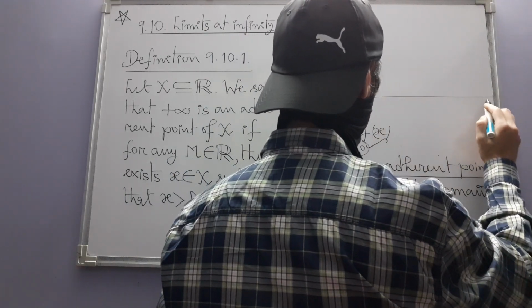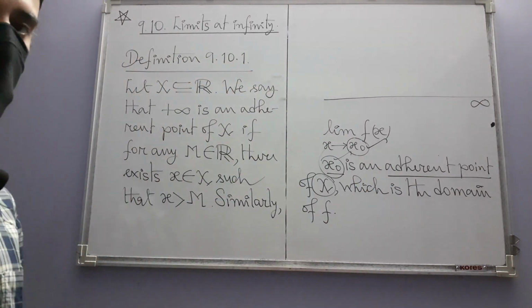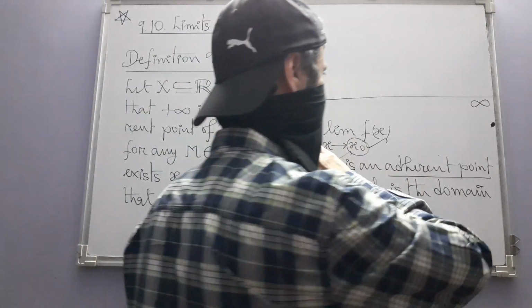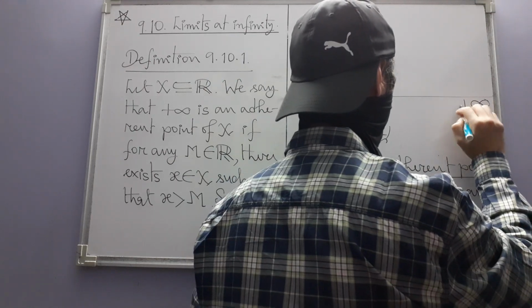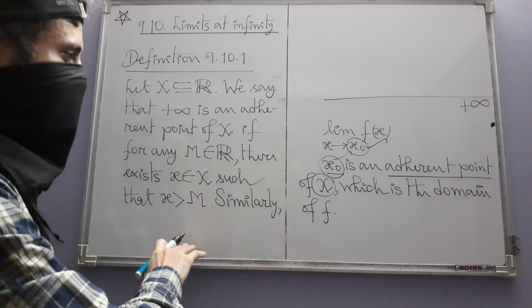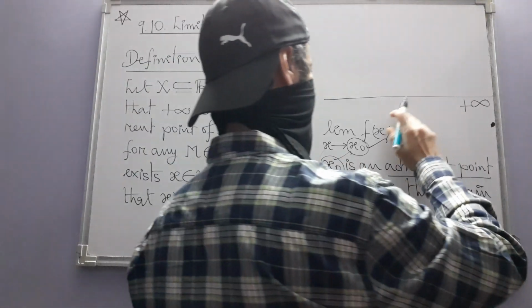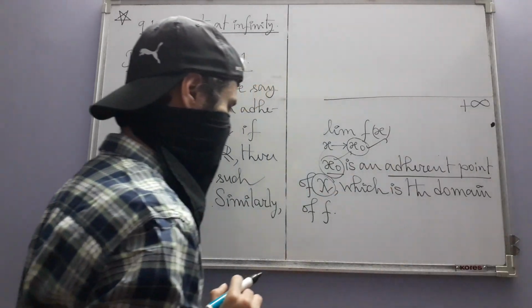Infinity, of course, is not something that lies on the real line. It's not a real number, but it's towards that. So this is kind of a vague thing, just for us to see that this definition is somewhat like the original one itself. So plus infinity is towards that side.